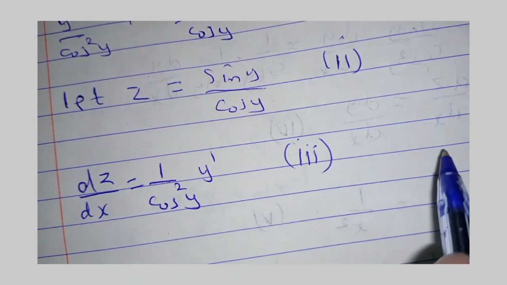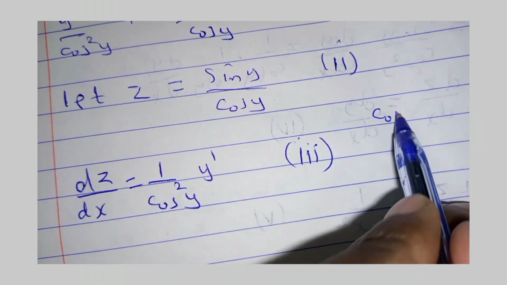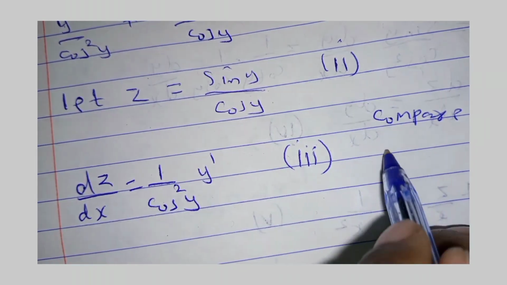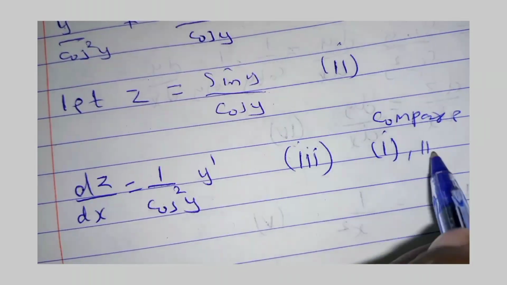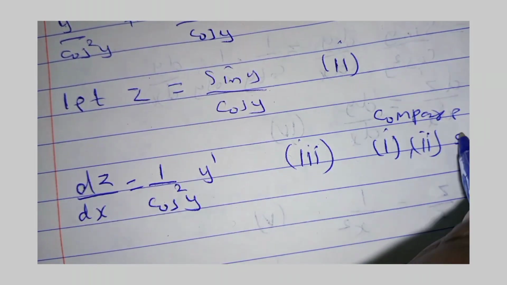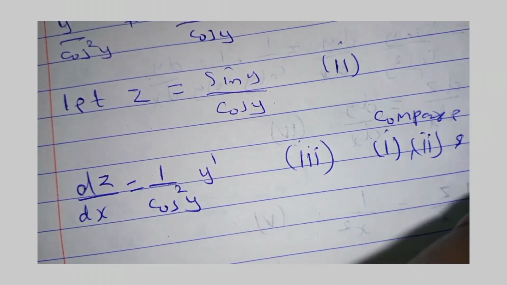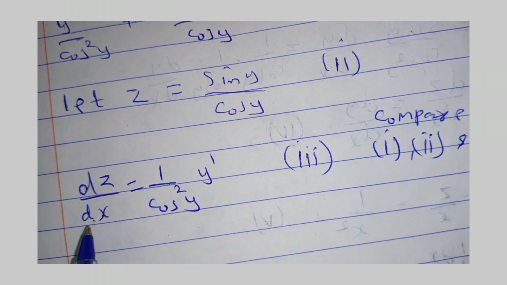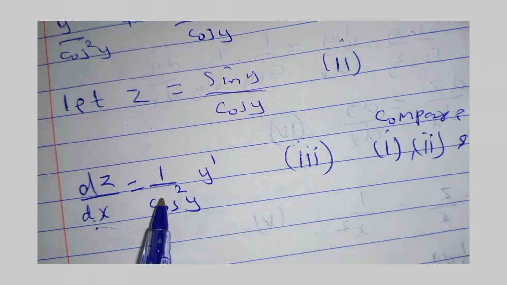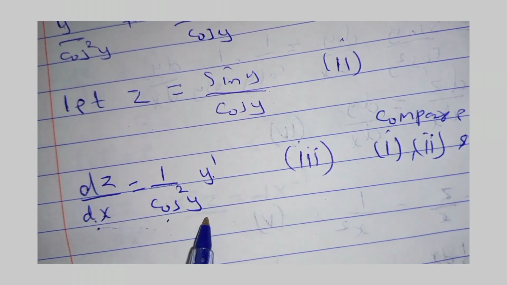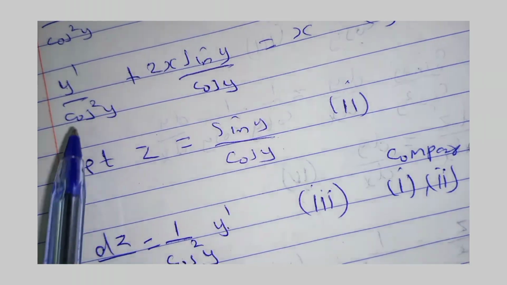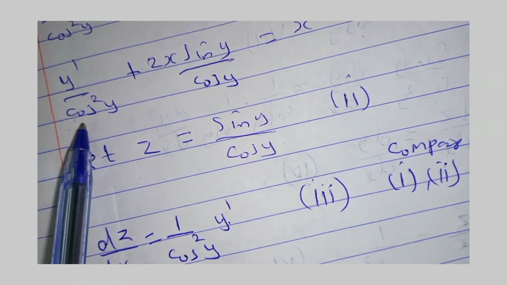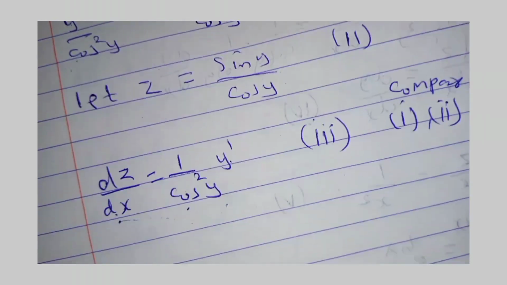Then you compare equation 1, 2, and 3. So when you compare, equation 3, dz over dx, is the same as y prime over cos squared of y, and you can see it is the value we have here. So instead of y prime over cos squared y, we are going to write it as dz over dx.